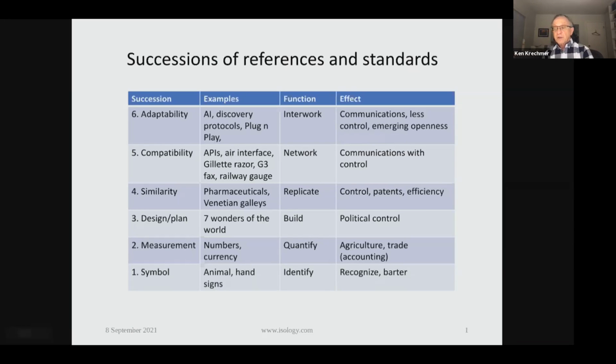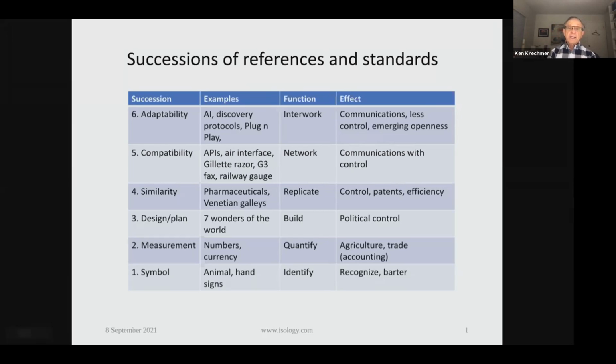I used the date 1400 for the beginnings of similarity standards because in Venice, Italy, at a facility called the Arsenal, in the early 1400s, the acts of standardizing things were formalized for the first time that I'm aware of. And so Venetian galleys could be produced in the Arsenal at a rate of 1 per week.